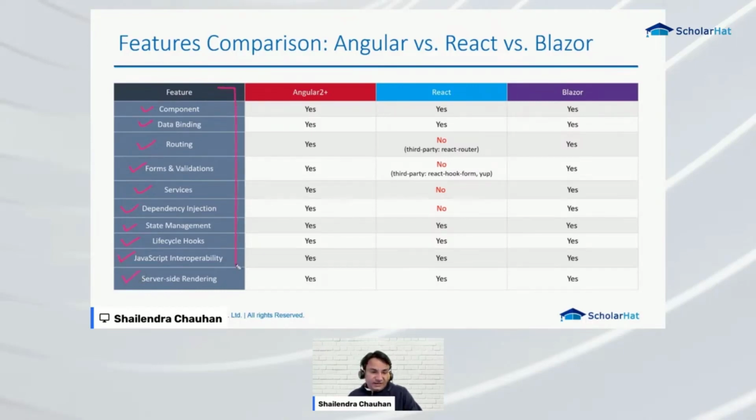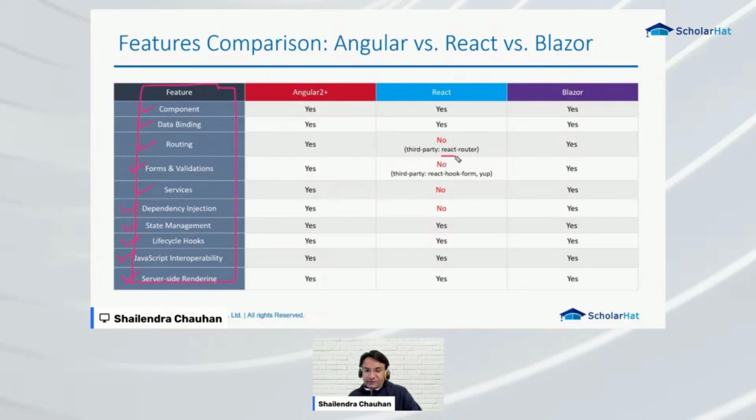These are the features we look at in every front-end framework. Whether it is Angular, React, or Blazor, in all three frameworks these features are supported. Of course, React has some limitations because by default React does not support all the features, but with the help of many libraries, we can support them.